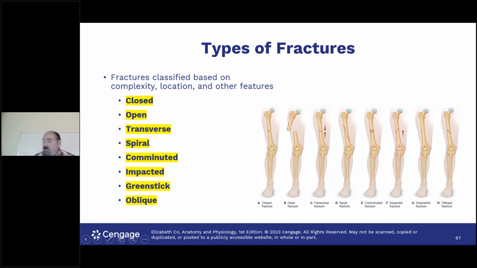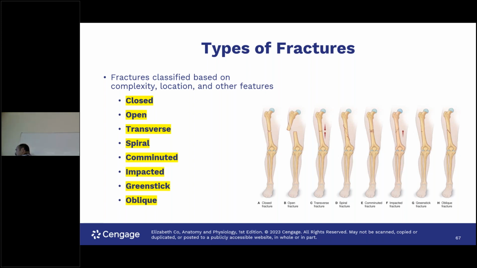So you'll see here the examples. I'll start from the left, reading left to right. A closed fracture is all within the body. An open fracture, you'll see the bone is actually sticking out of the body. We'd say simple and compound fractures, also other terms that were used.